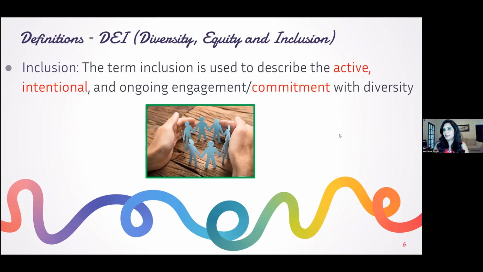So we can say, inclusion is this intentional and ongoing engagement or commitment with that diversity, that we just understood that we are different and there are things that are different about us and our experiences. So let's be intentional in making sure that we're going to engage with those differences. So that's where the word inclusion fits in.